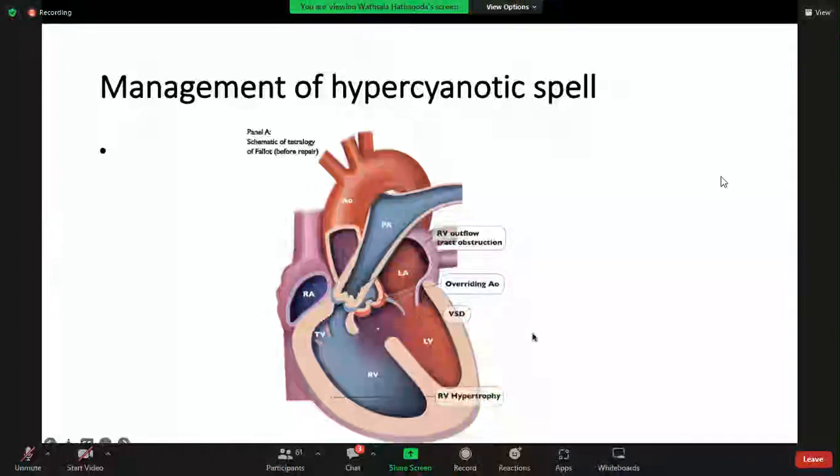But what do you call a hypercyanotic spell? In some instances, usually these episodes happen in the early morning, or when they are upset after a crying episode.